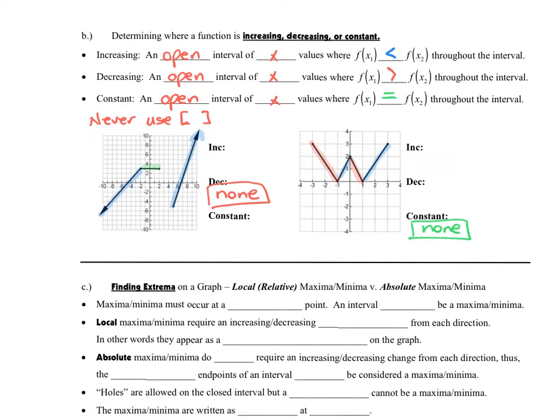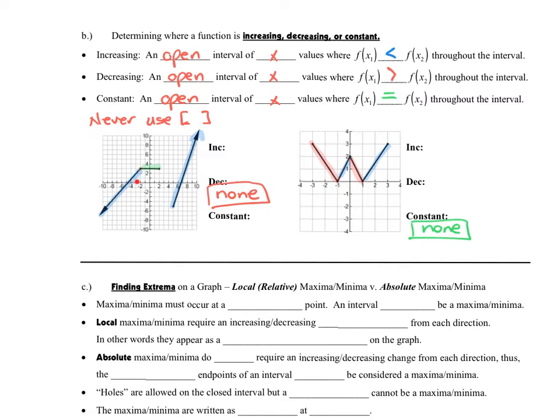For the increasing intervals that I have here, I can see that I have two of them. So I'm going to have an interval, joined by the union symbol, with a second interval. The first interval goes from negative infinity, this arrow tells me it's going to negative infinity, and stops at an x value of negative 2.